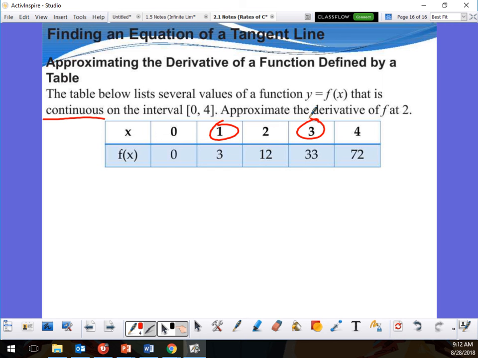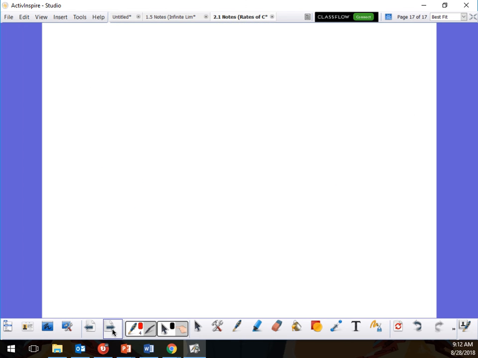So it's going to be 33 minus 3 over 3 minus 1, which is 30 over 2, which is 15. So my slope here is going to be 15. That's a good approximation of my secant line. Do you guys understand why I use both sides? Okay. There, we're done.